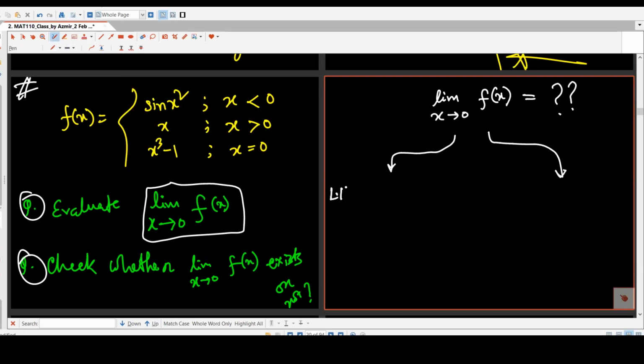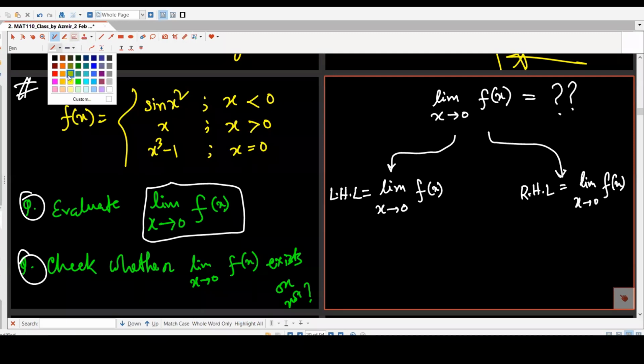So let us find the left hand limit and right hand limit. In the left hand limit, we will write the same thing here, limit f of x, x tends to 0. In the right hand limit, limit f of x, x tends to 0.